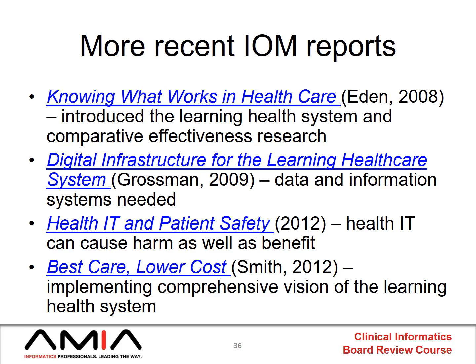A report on the digital infrastructure for the learning healthcare system, what data and information systems are needed to achieve that vision. We also know that there can be safety issues related with health information technology. So the Health IT and Patient Safety Report focused on that topic. And then the Best Care, Lower Cost, which provided a comprehensive vision on how to implement the learning health system.